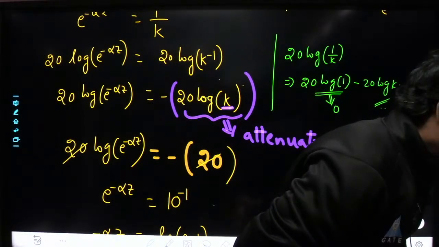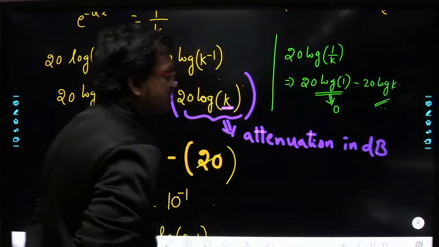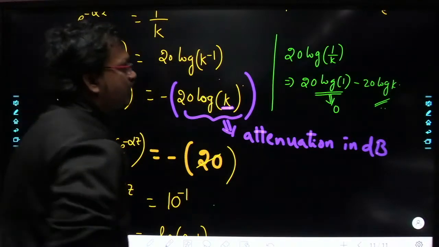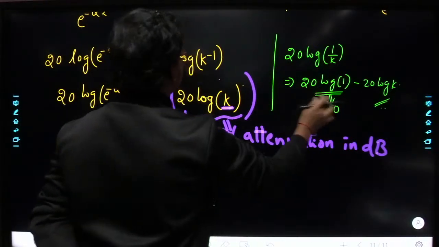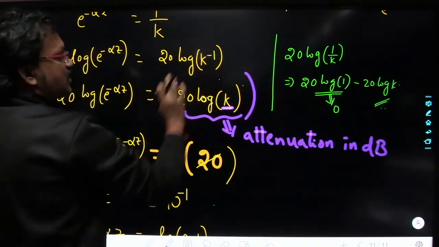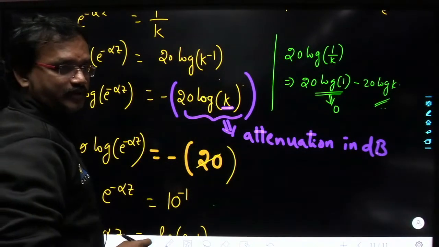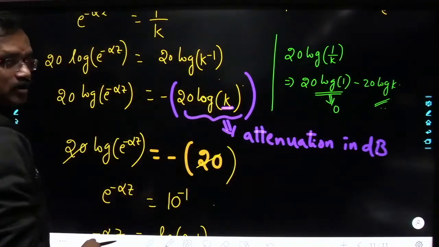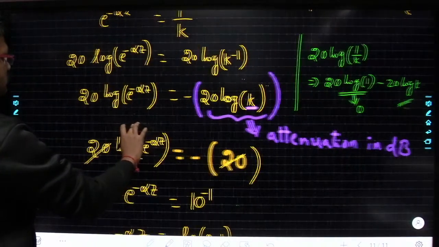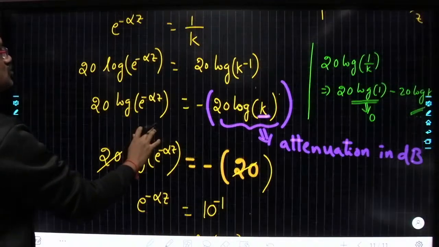K is equal to e power minus alpha z. Here I have substituted 1 by k, writing it as k power minus 1, so I can write it as minus 20 log k. So what is your doubt here?